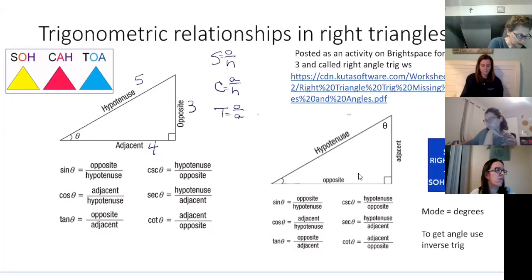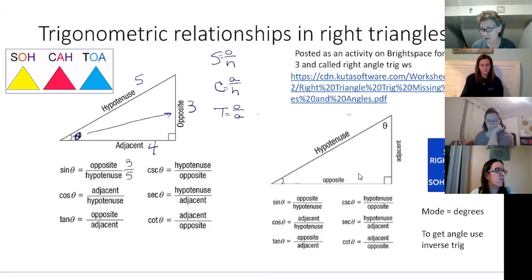We're going to work with this angle right here, and we're going to figure out what the sine of alpha is. So from alpha's perspective, the opposite is here, so it's going to be 3. And the hypotenuse is always across from the right angle. So this is 3 over 5. So the sine of alpha equals 3/5.